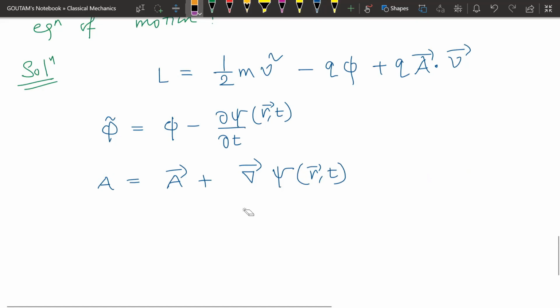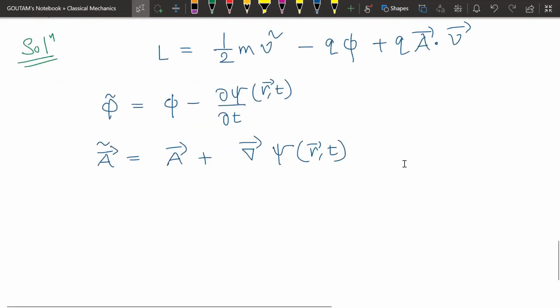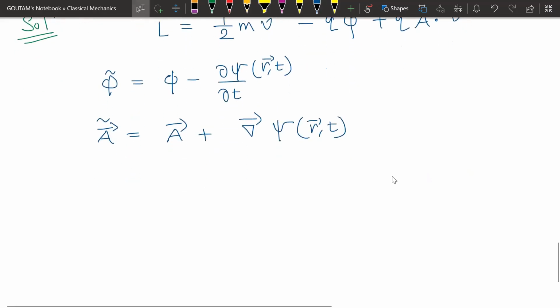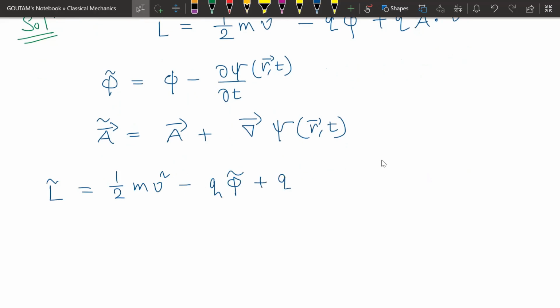A is a vector, so let's put a vector sign here and tilde. So if these are the new potentials, then our new Lagrangian, let's define it by L tilde, will be half m v square minus q phi tilde plus q A tilde dot v.